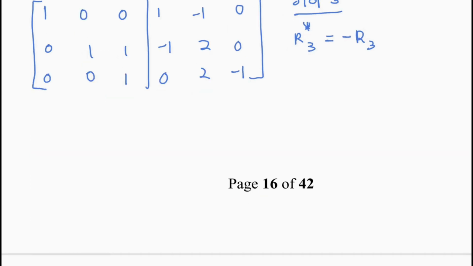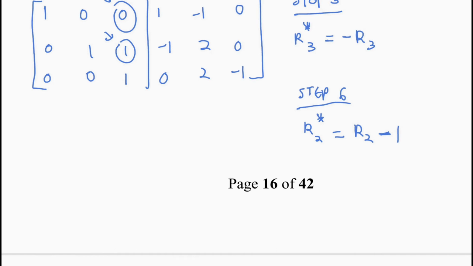For the final step, you want to obtain the element above the leading diagonal into 0, but since the element in row 1 is already 0, you don't have to do anything. Our focus here will be at row 2 only. So the new row 2 is equal to the original row 2 minus the leading diagonal, which is row 3.